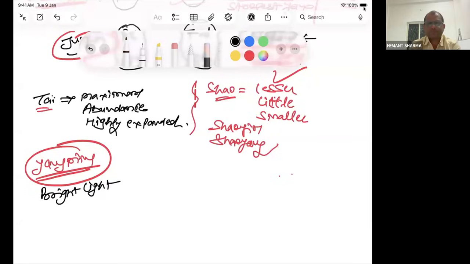This is the meaning given. Bright light means clarity. Suppose the light is there, you can see me. If I switch off the light, you can't see me. So the bright light or clarity, this is the explanation given for the Yang Ming. Okay.